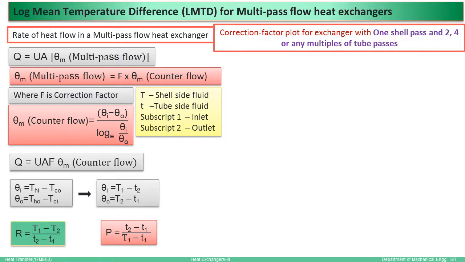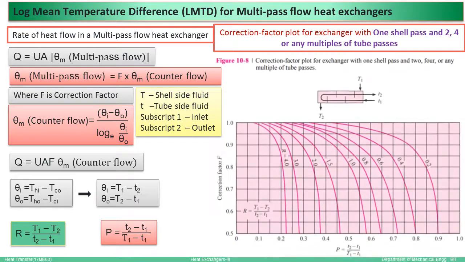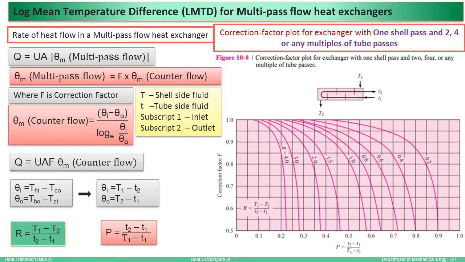Remember, there are different configurations possible, but here we have taken one shell pass and 2, 4, 6, 8, any multiples of that, tube passes. This chart is applicable to one shell pass and 2, 4, 6, 8 such multiples of tube passes.